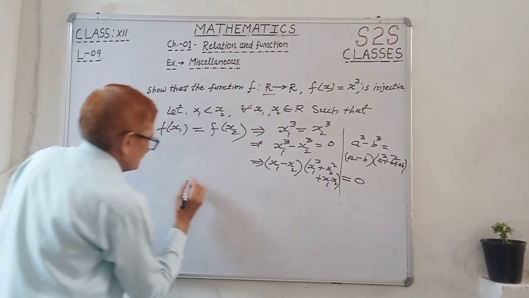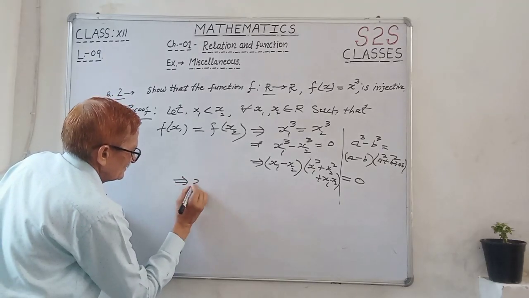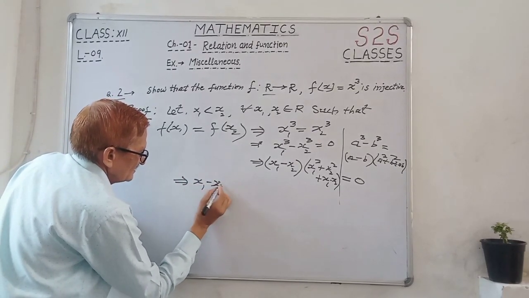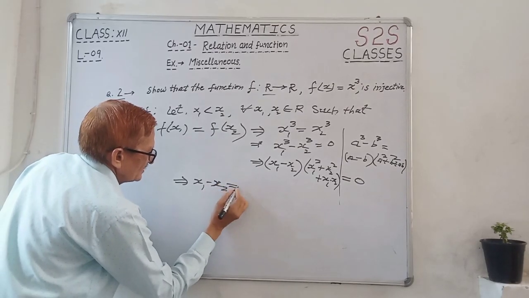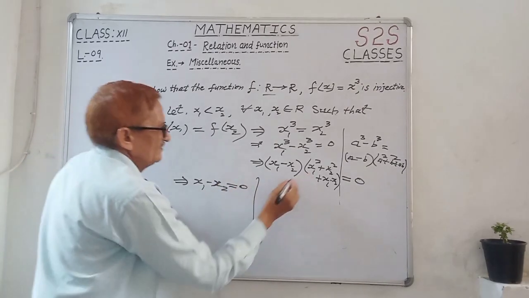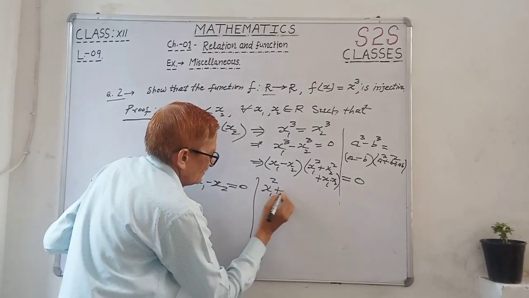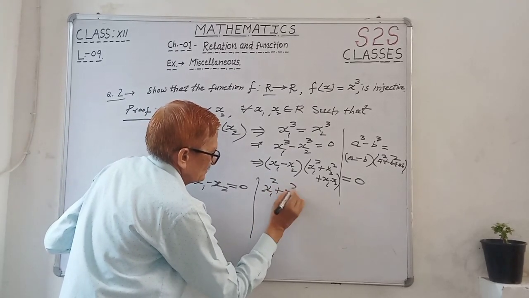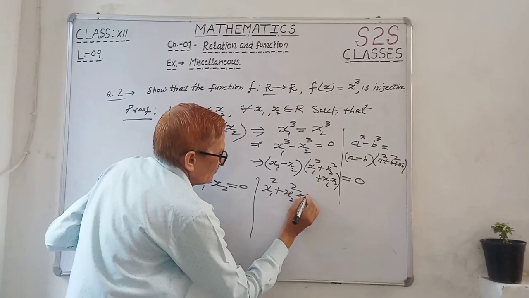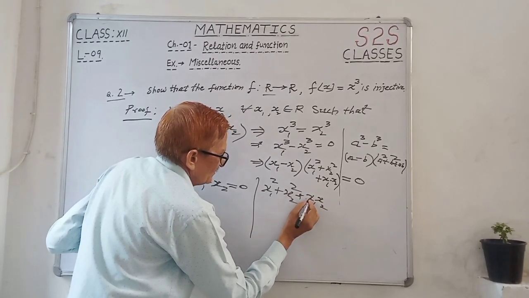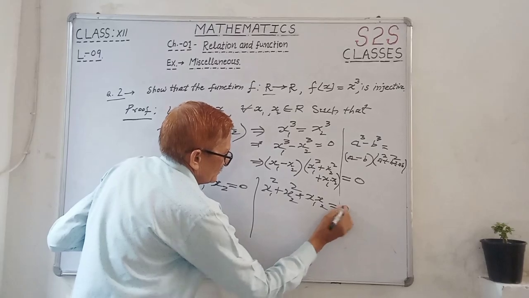Then this implies x1 minus x2 is equal to 0. Second factor, x1 square plus x2 square plus x1 x2 is equal to 0.